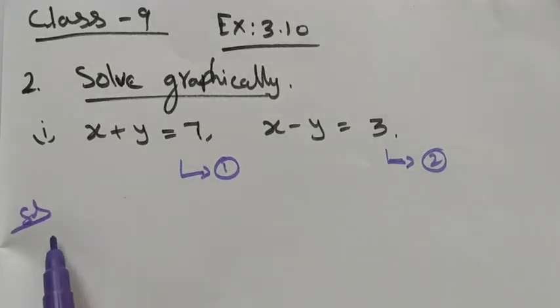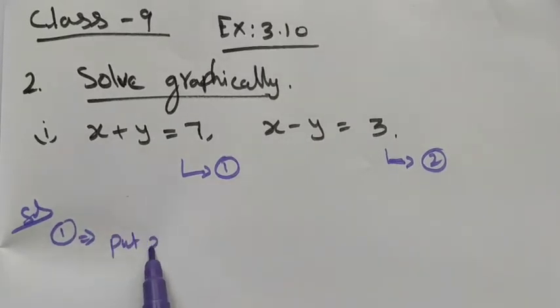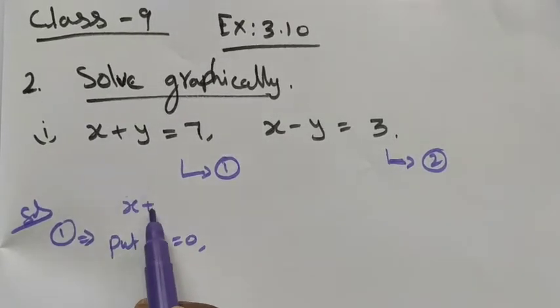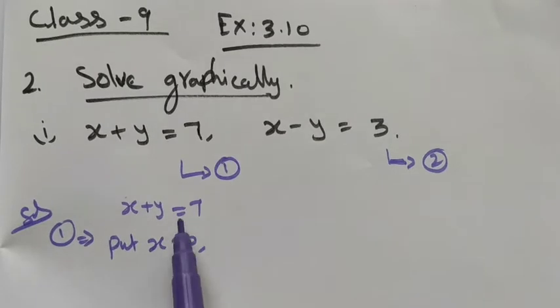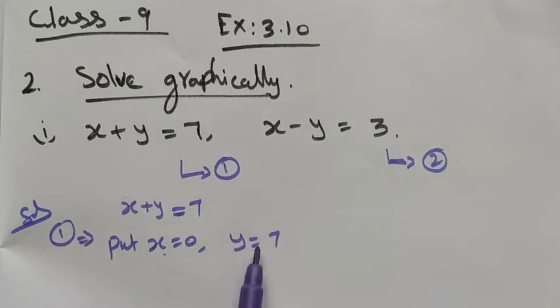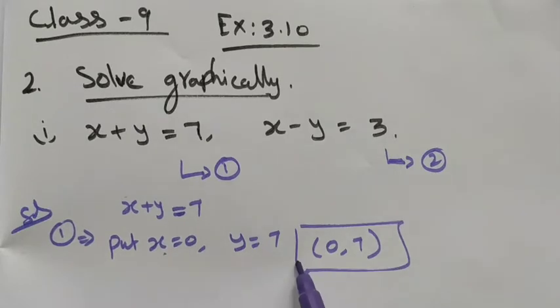So first we take equation number 1. Put x equal to 0 for this equation. Equation number 1 is x plus y is equal to 7. To find the ordered pair, we first give the value x is equal to 0, then y is equal to 7. Here the ordered pair is 0 comma 7, right?